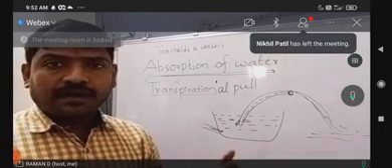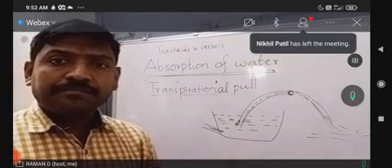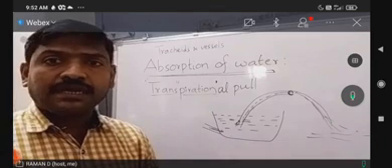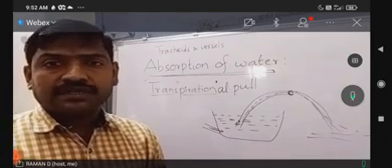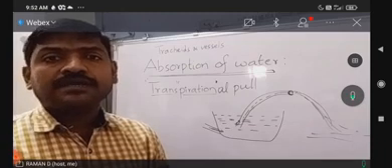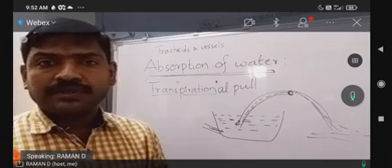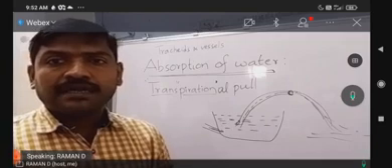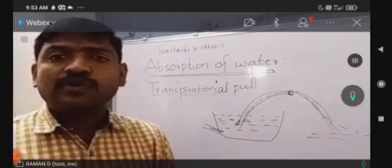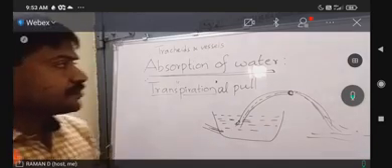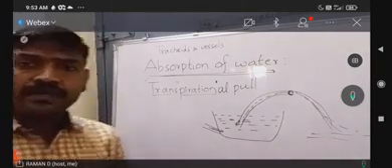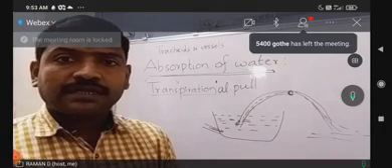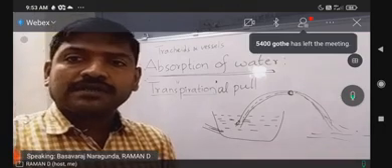But here transportation of water occurs majorly by the physical forces. They are root pressure and transpirational pull. Let us learn about transportation of food materials. And in how many directions is the transportation of water taking place? Only in one direction, that is upward direction.